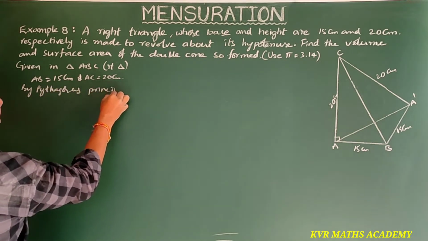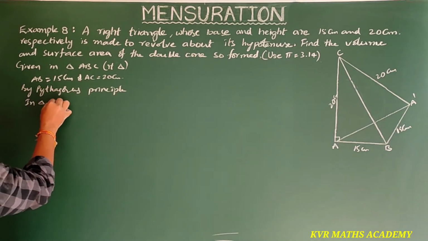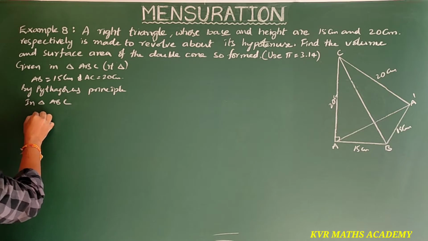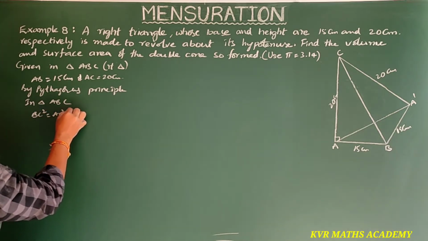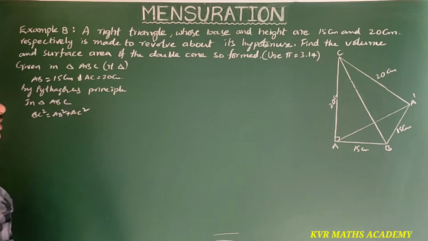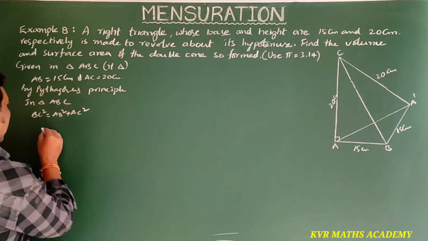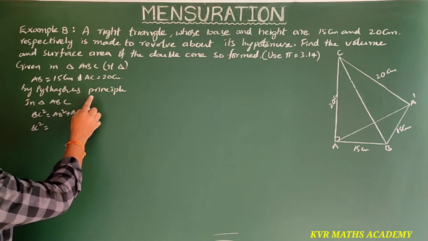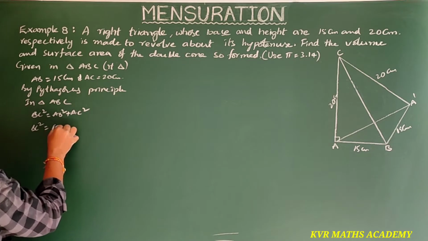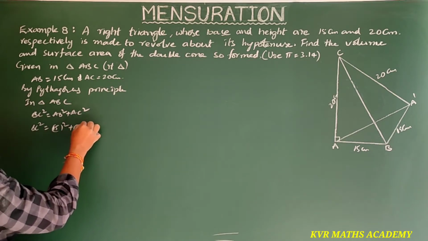principle, in triangle ABC, BC square is equal to AB square plus AC square, right? BC square is equal to 15 square plus 20 square.